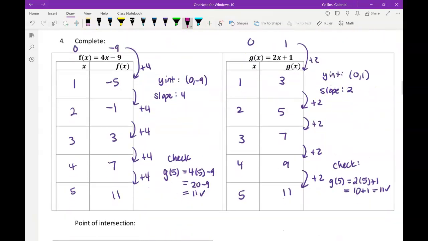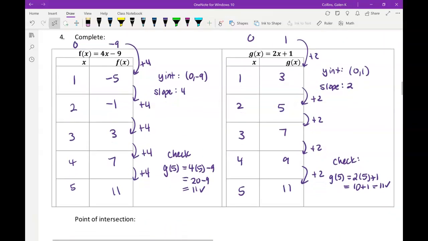All right, for number 4, for both of these, I used the y-intercept method. I found my y-intercept by looking at the equation, because again, these are all in y equals mx plus b form. So my y-intercept is the ordered pair (0, -9). And then I use my slope of 4, the coefficient of x, to fill out the rest of my table.